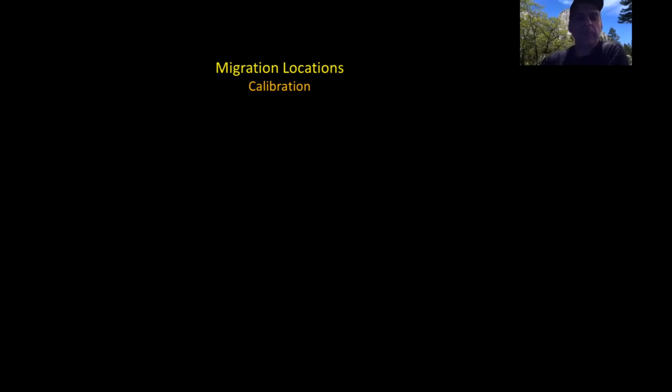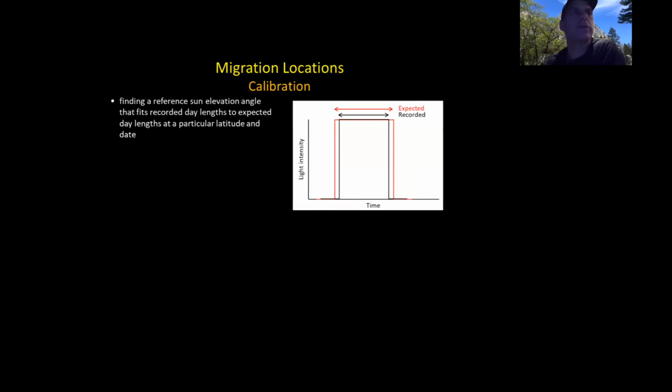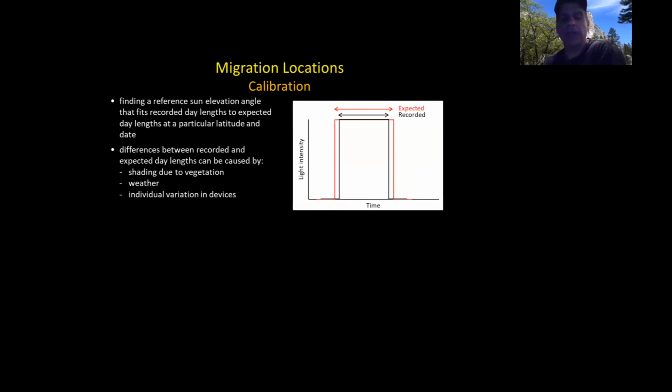Now, this threshold-based positioning requires calibration, which can be achieved by finding a reference sun angle to fit the recorded day lengths to the expected day lengths at a particular latitude at a particular date. The differences in recorded and expected day length can be caused by shading due to vegetation, weather, or individual differences in devices.